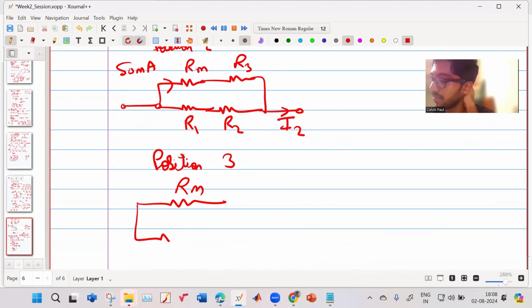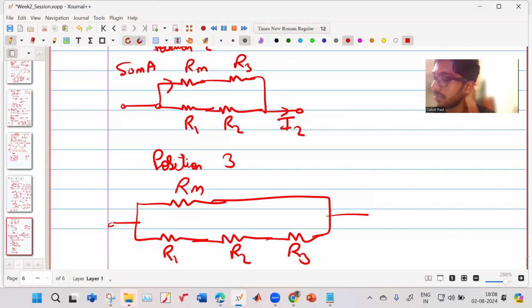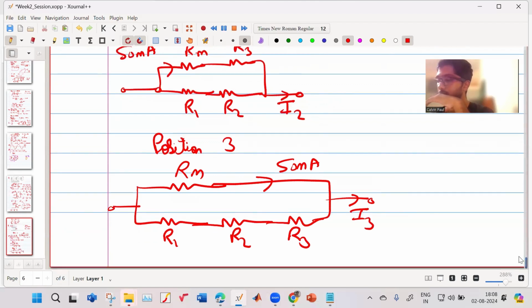This we know is 50 milliampere. This is I3. So now we don't know which position will have maximum current.